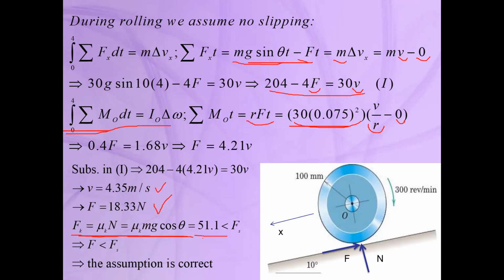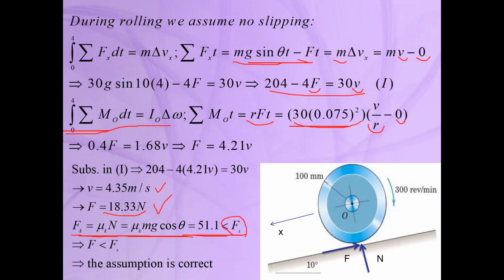You can see the kinetic friction force is more than this calculated friction force, 18.3. And also we know that the kinetic friction force is always less than the static one. So the maximum friction force is definitely more than 51 and F is less than 51.